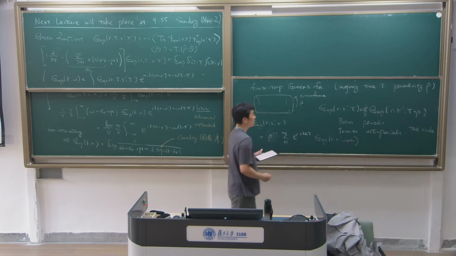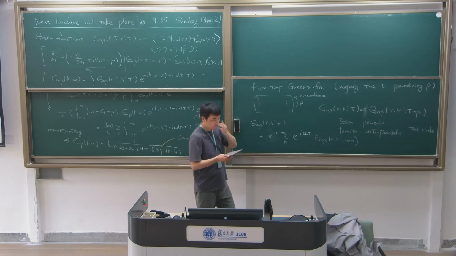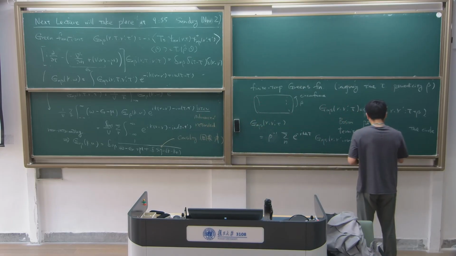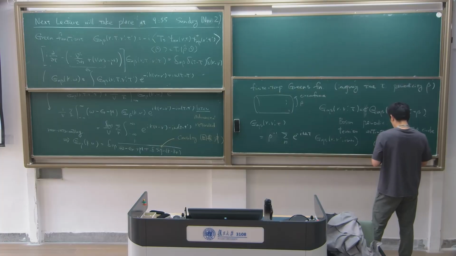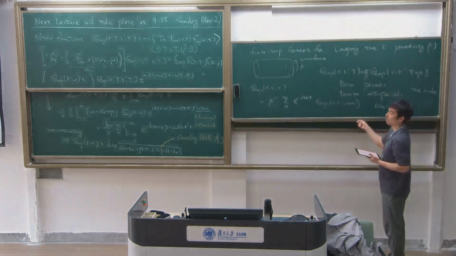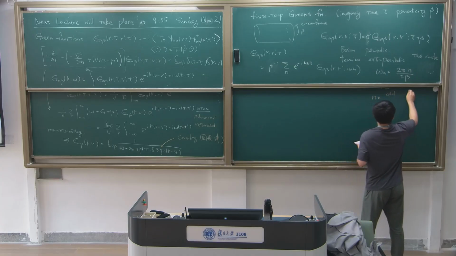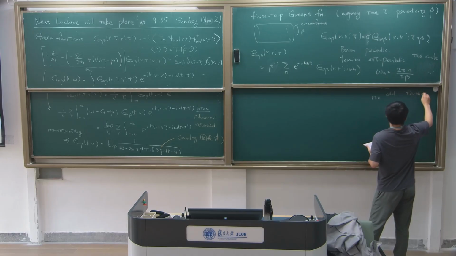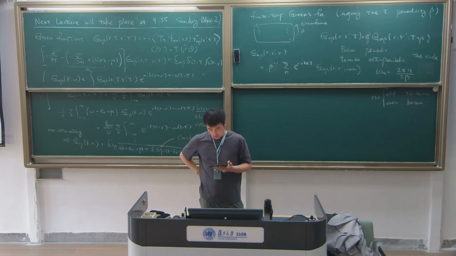Since the time circle is finite, omega n is quantized as 2 pi n over beta, where n is odd for fermions and even for bosons.